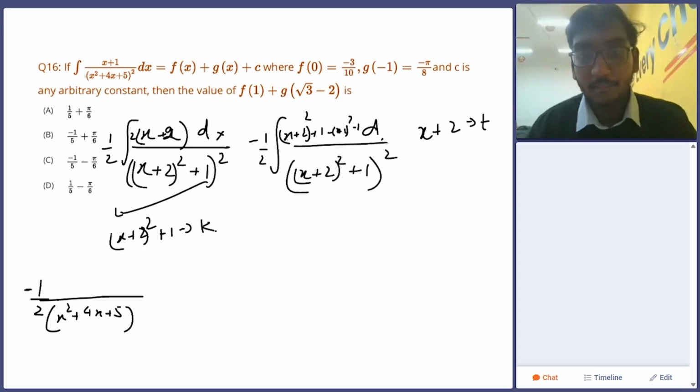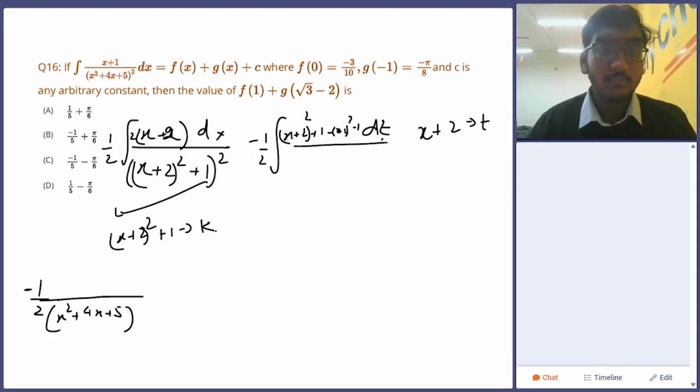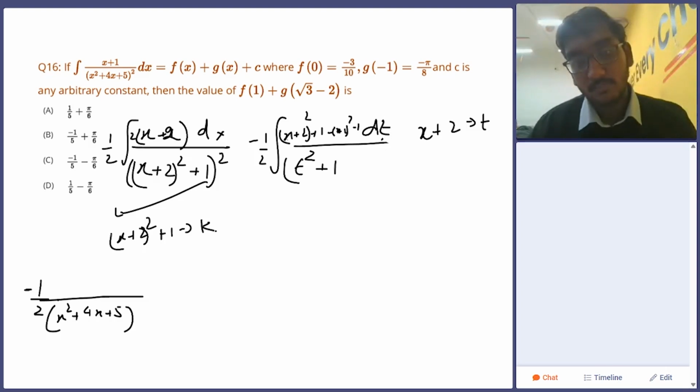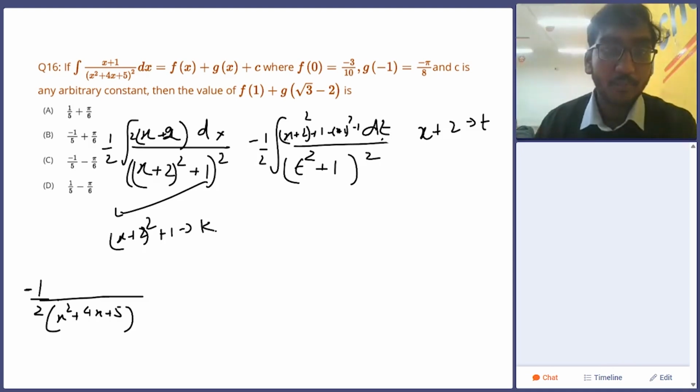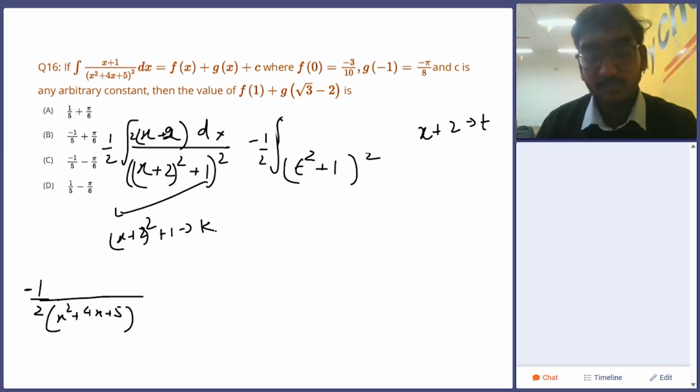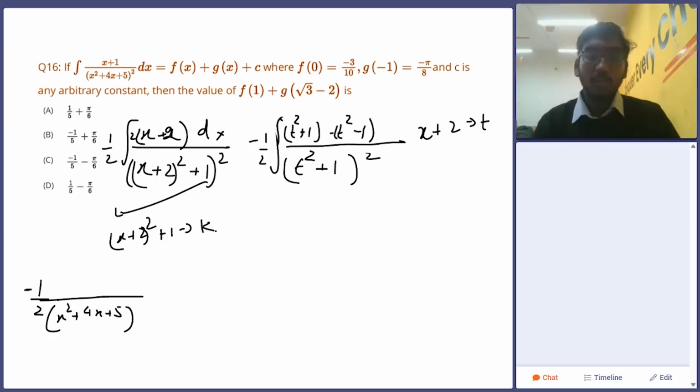It will be dt. And the denominator will be what? (t square plus 1) whole square, right? And what will be the numerator? It will be t square plus 1 minus t square minus 1. This will be the numerator.